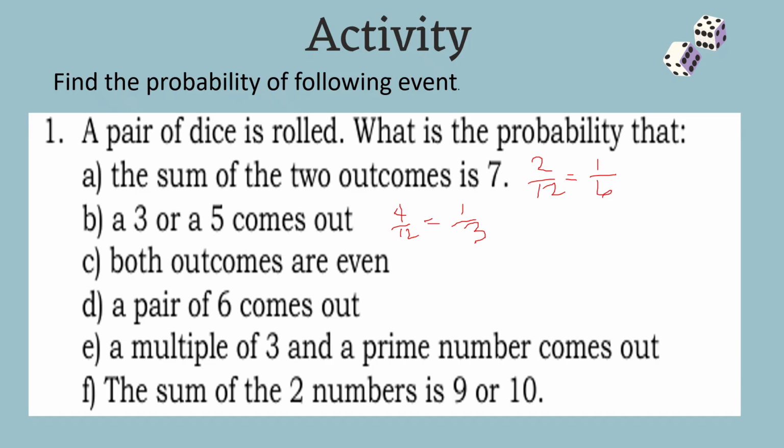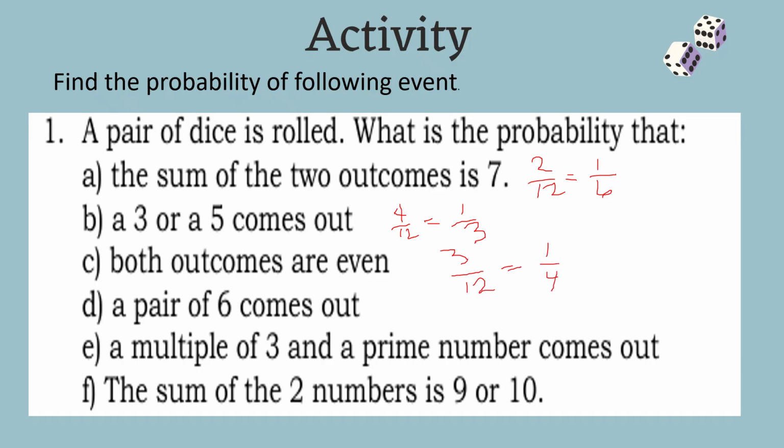There are three even numbers: 2, 4, 6. So we have 3 times 3 over 36, which is 9 over 36, or about one fourth.